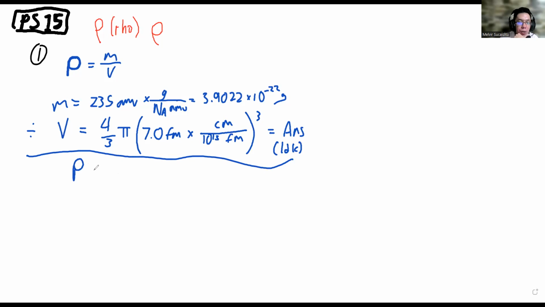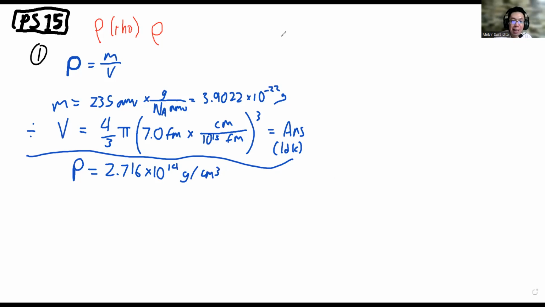Okay, so continue. Mass over volume. What's the answer for this one? Sige, calculate mo for the volume.